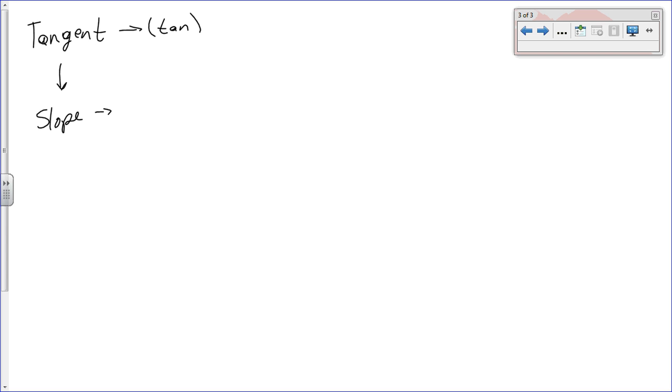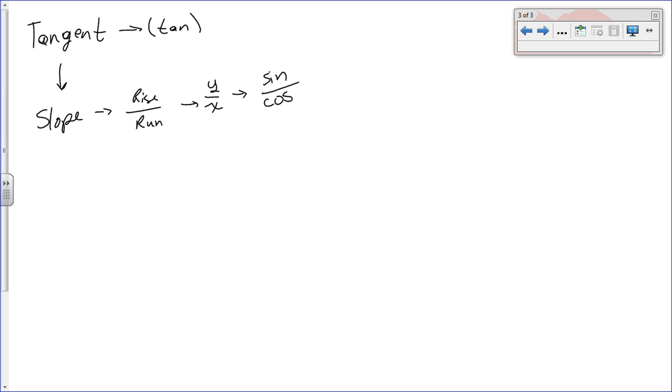Because slope, if you remember, is rise over run, which is y over x, which here is also a point that you're going to need to remember. We'll get more into this later, but I'm going to give you a little preview of it. If you remember, the y value is the sine of your angle, and x is cosine.